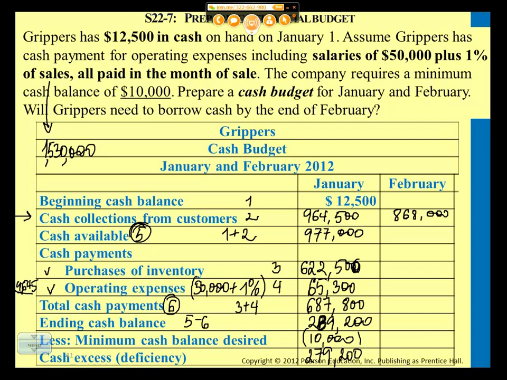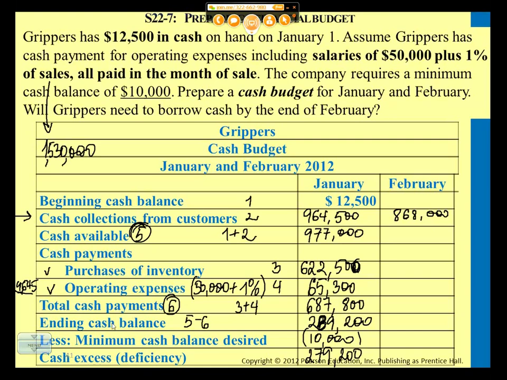What is it saying? Will Grippers need to borrow cash by the end of February? Because we aren't interested yet to borrow anything in January, we're just going to look at whether we need to borrow anything in February. Okay? All right. So we have our cash excess.